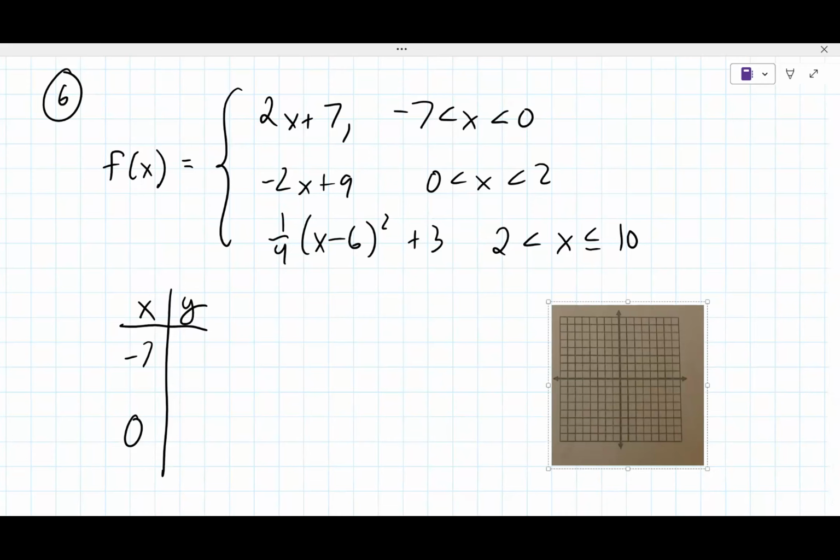It was -7, yes. Now put 0 in. For 0, it's 0 plus 7, which is 7.